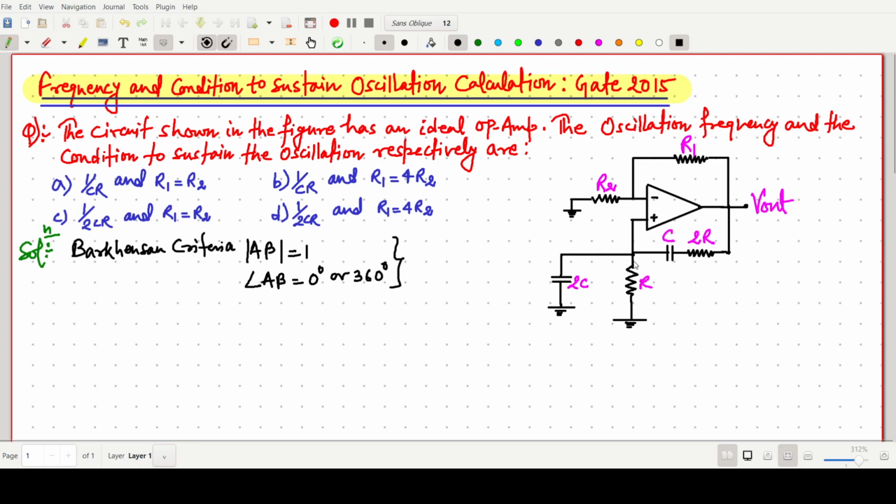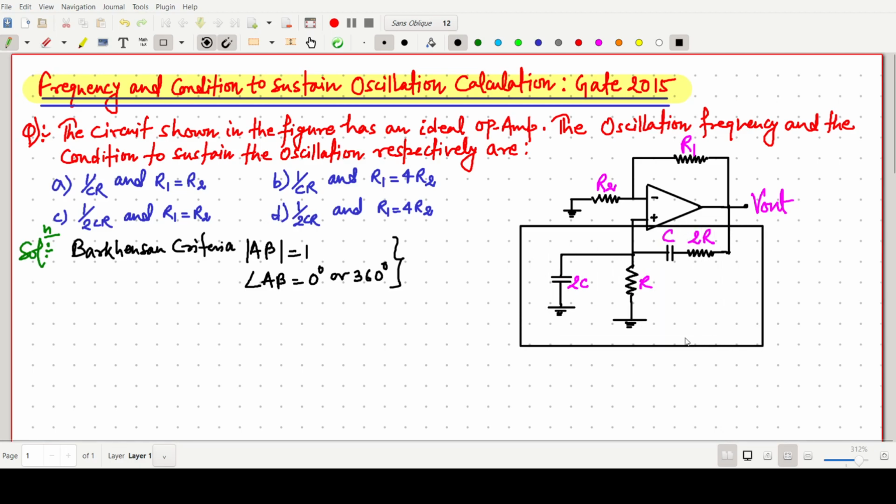In such a problem, first of all, we can see the feedback network. Here we can easily say the feedback network is this portion.